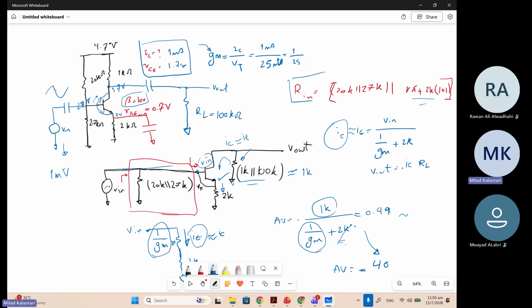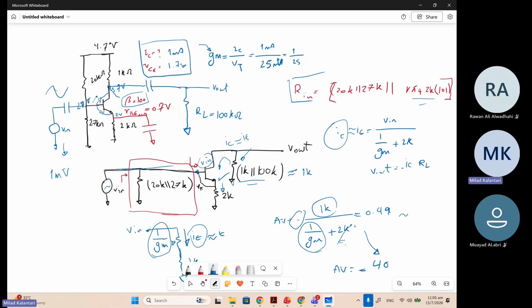The current of the transistor increased, then this voltage will be lower, right? Because this current is passing through the 1 kilo. So this voltage is starting going down, right? That's why we have a negative sign. Means that there is 180-degree phase, right?